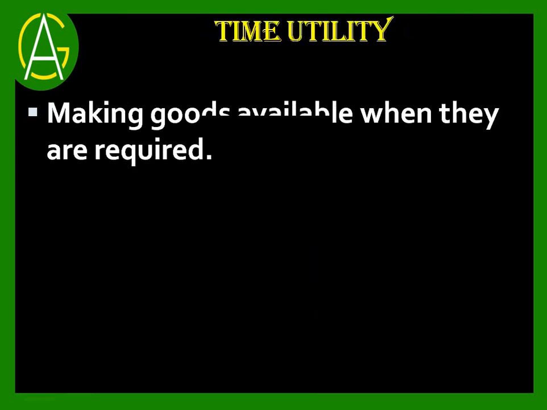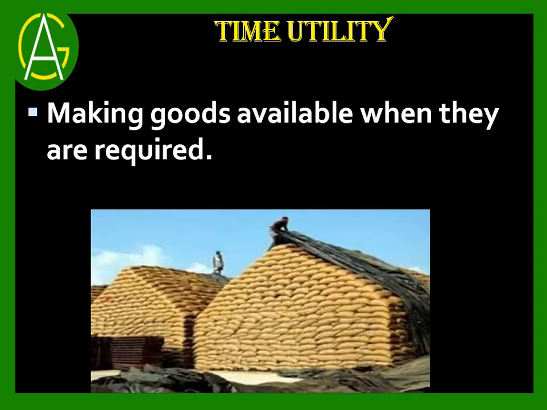Next one is time utility. Time utility means making the goods available when they are required. Now until they are required, they are stored into the godowns. Say for example the bags of wheat are stored into the godown. Now these are stored until the need of wheat arises.